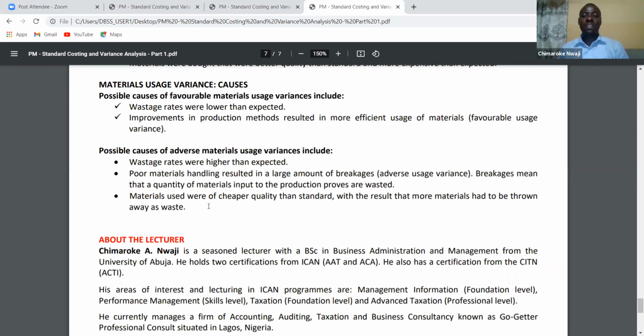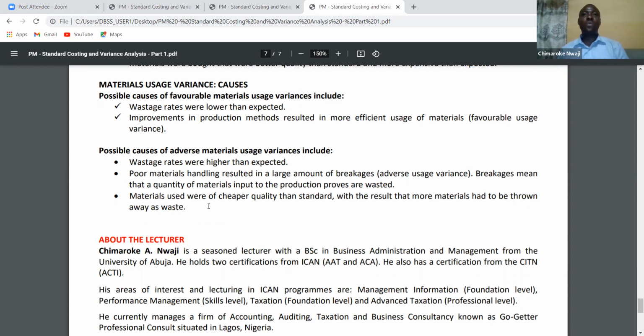So please read this very well, because when you understand material variances well, you'll be able to understand labor variance and variable overhead variance, which will be taken next class. Then we'll also include fixed overhead variance.